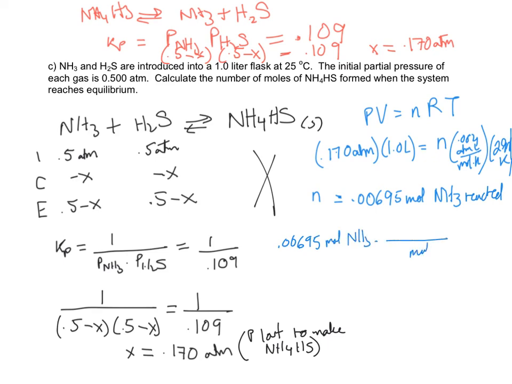On the bottom, moles of ammonia. On top, moles of NH4HS. It's a 1-to-1. So 0.00695 moles of NH4HS were formed.